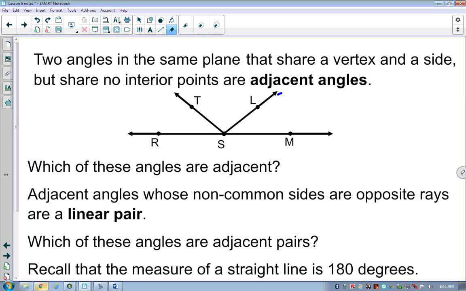All right, so let's see, somebody give me a different set of adjacent angles. Give me another example. Jose, can you give me two angles that are adjacent to each other? TSR with TSL. Perfect. That's exactly right. Okay. Let's see.